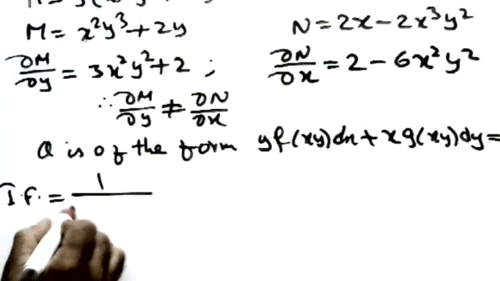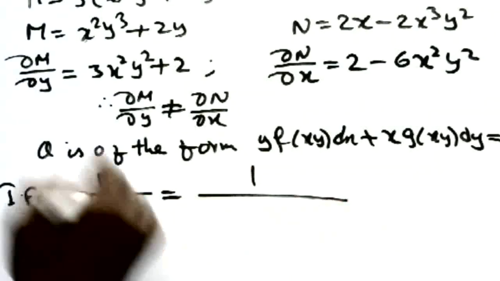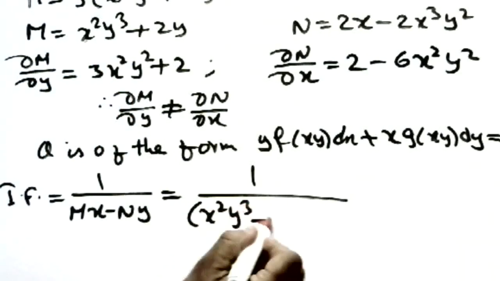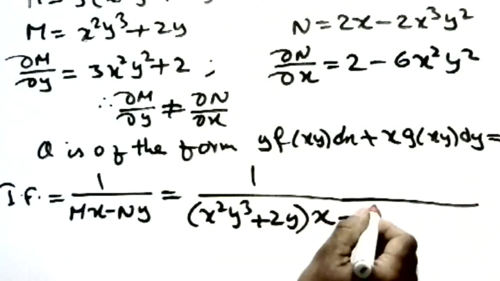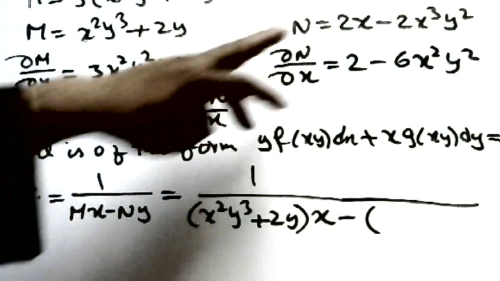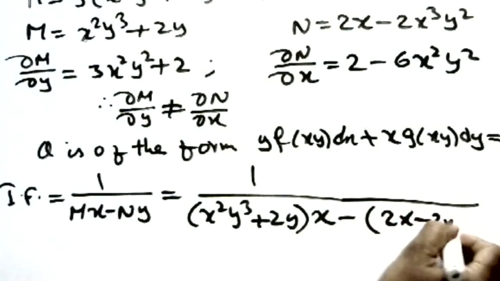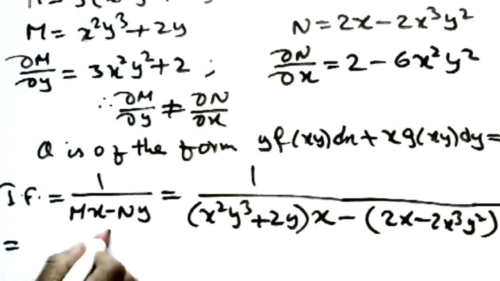We know the formula of the integrating factor, 1 divided by (Mx minus Ny). The value of M is x square y cube plus 2y, into x, minus N into y, where N is 2x minus 2x cube y square.